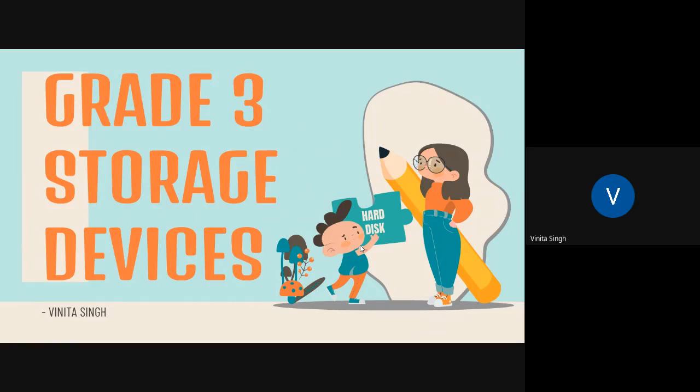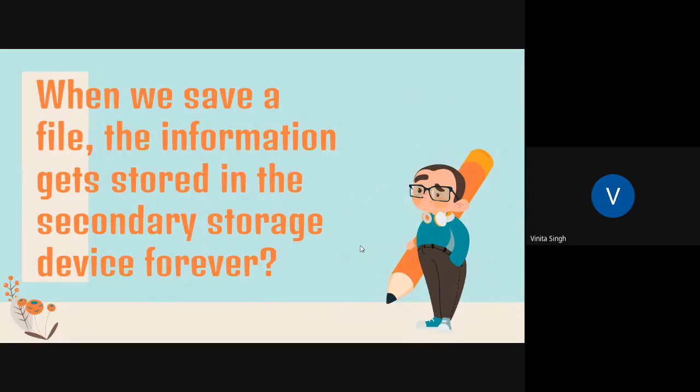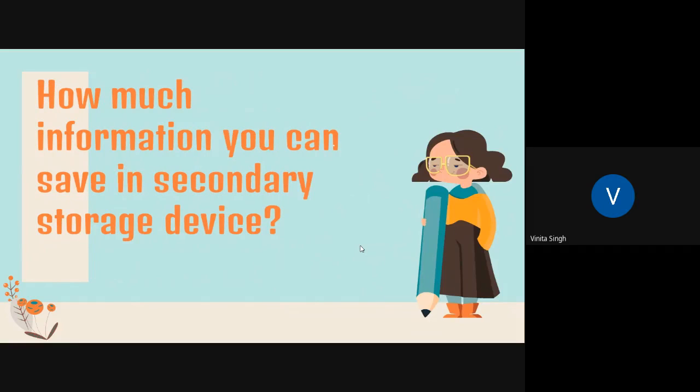Now, can you tell me, when we save a file, does the information get stored in the secondary storage device forever, or how much information can you save in the secondary storage device of the computer?